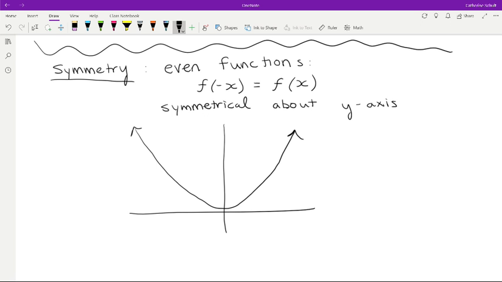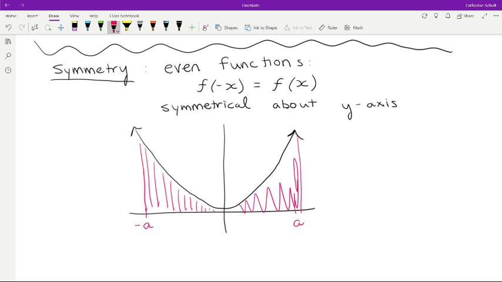And so what we're going to be looking at on these even functions, we're going to be concerned about taking areas from -a to a, okay? And when I say area, I meant to say integral. And I kind of got that off, but that's okay. It'll be approximated.